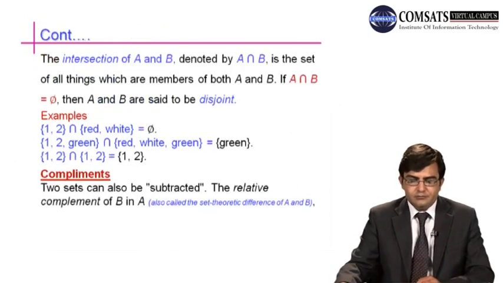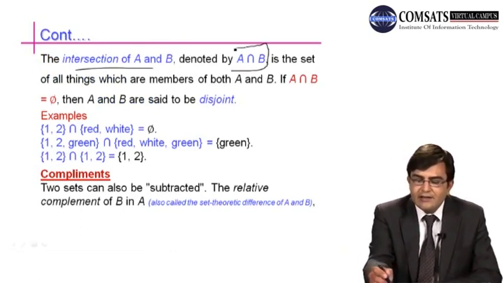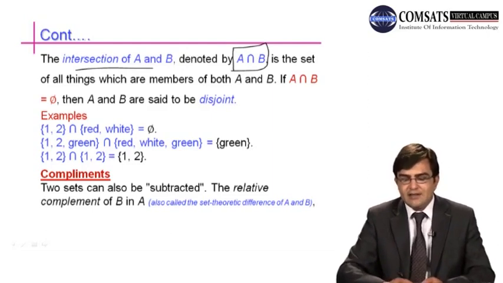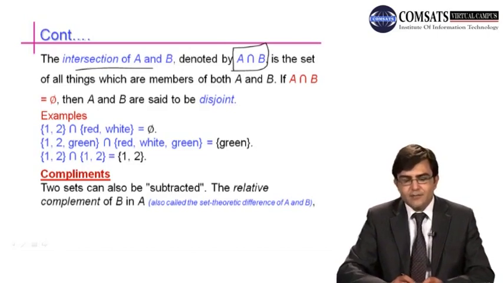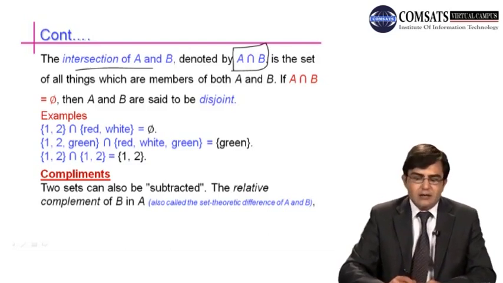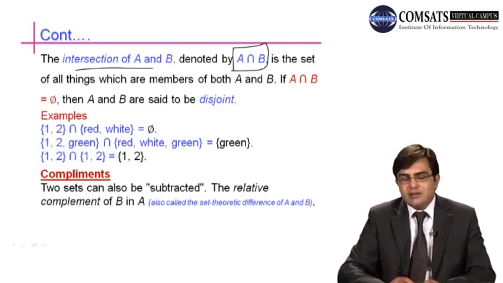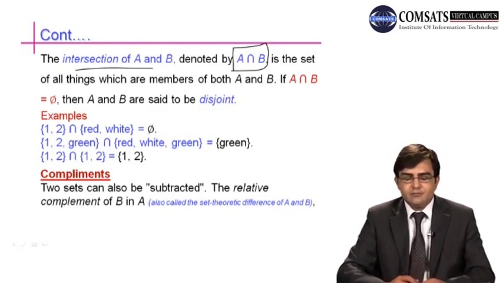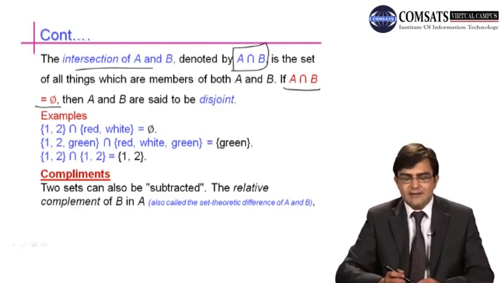The intersection of A and B is usually denoted by A intersection B, and it is read as A intersection B. You have already studied this, I hope, in earlier classes. Basically this new set contains those members which are in both A and B. If the intersection of the two sets A and B contains no common members, then we say that the intersection of A and B is equal to the empty set.